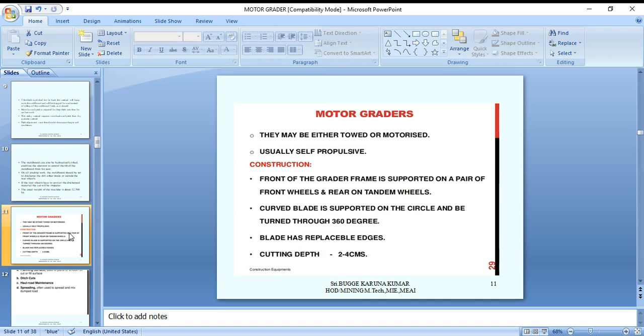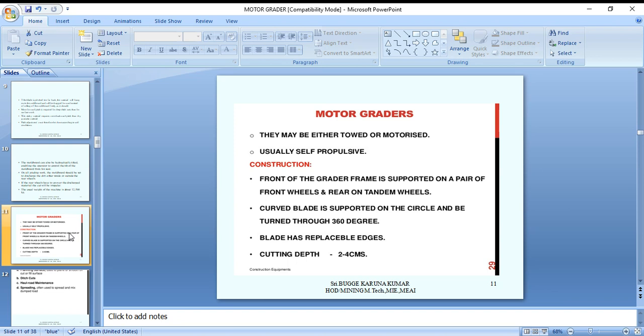In addition, I would like to cover some more points here. Graders may be either towed or motorized. Sometimes a towed type is used, and there is also a motorized type. In the basic construction, the front of the grader frame is supported on a pair of front wheels and the rear on tandem wheels.